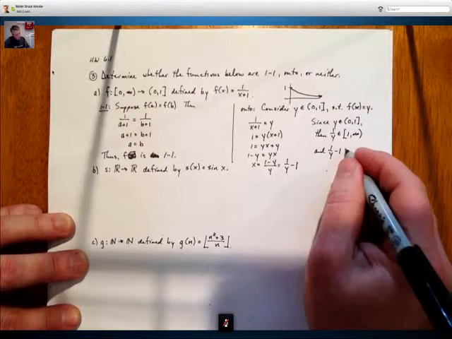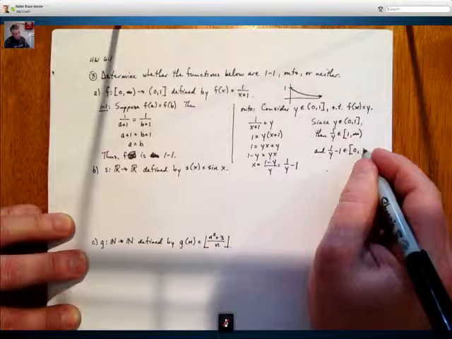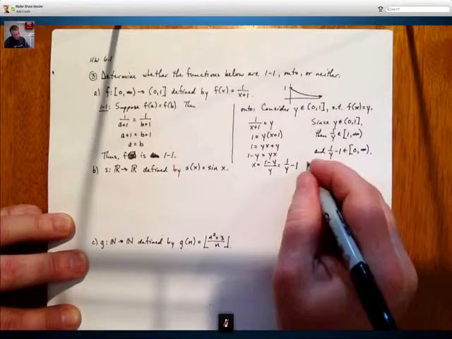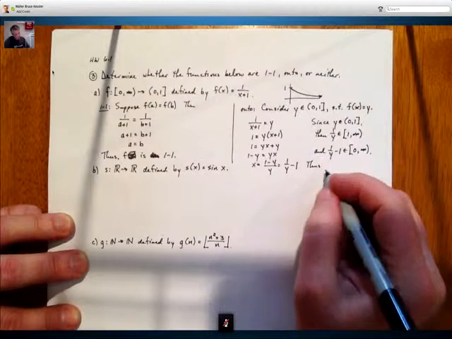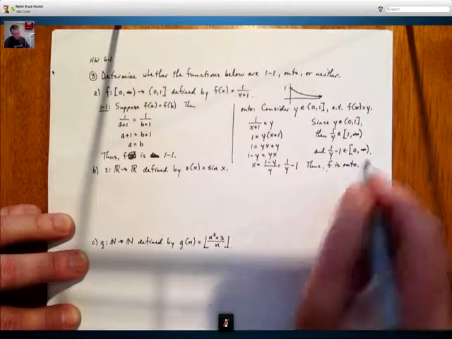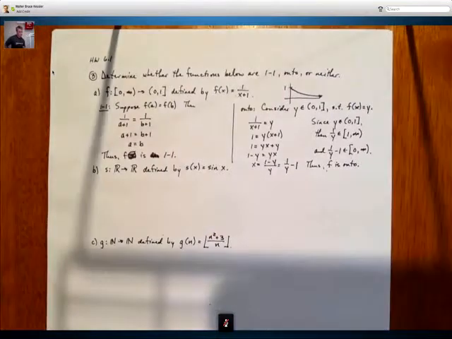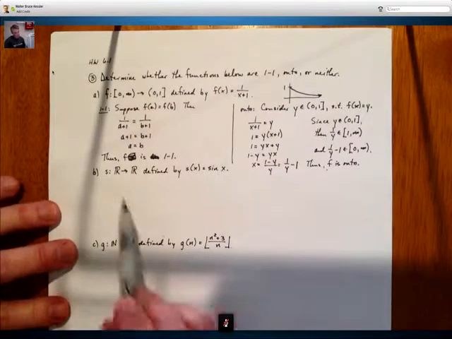And so 1 over y minus 1, well, that would be in the 0 to infinity range. Thus, f is onto. Okay? That's kind of how you show that.